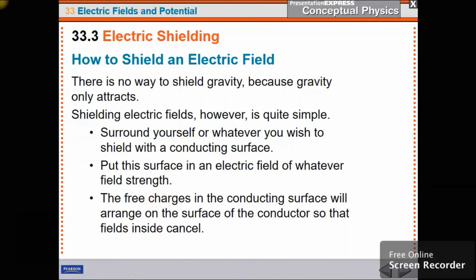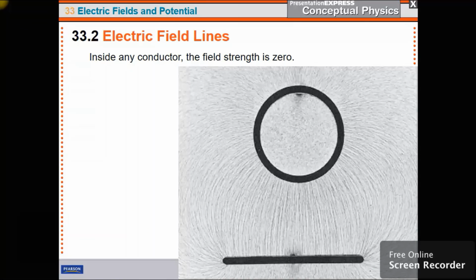I'm not asking you to be able to explain that. All I'm saying is that if this surface is a conductor, then inside there is no electric field. You can see the electric field lines out here. There's lines everywhere coming off this conductor and off this conductor. But inside the conductor, there is no electric field. Okay, so to summarize, this is showing you the electric field all around that circle and all around this plate.